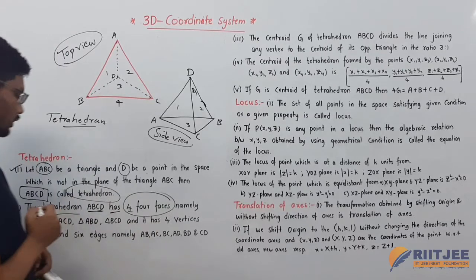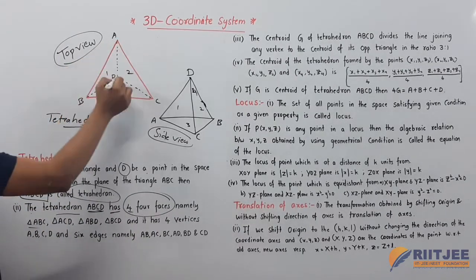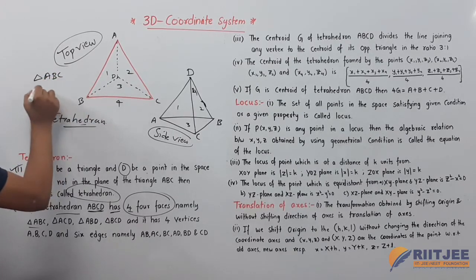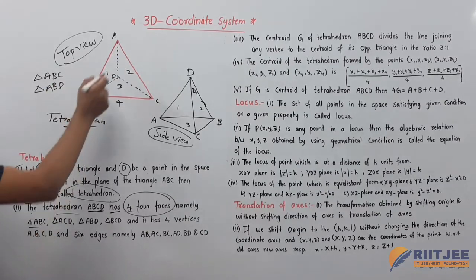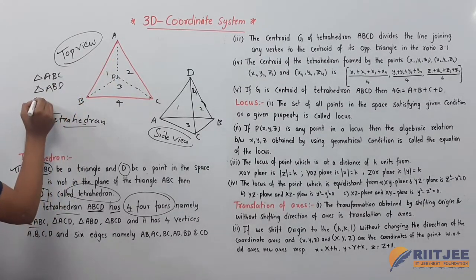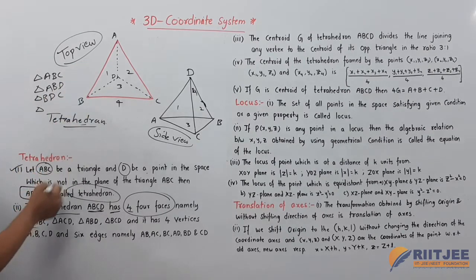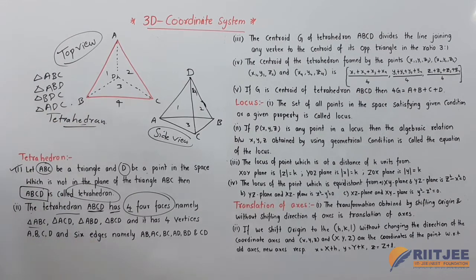They are the triangle ABC, triangle ABD, triangle BDC and triangle ADC. Like this we have 4 faces.